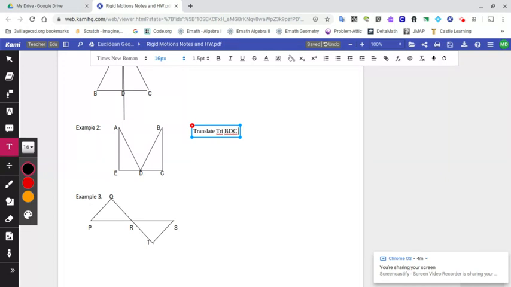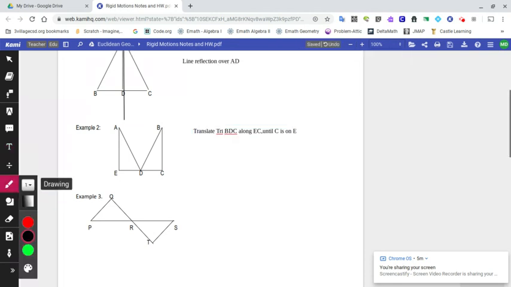So I have to translate triangle BDC along EC until point C is on E. I'm going to translate it this way until C lies on top of E. Then it's going to look like this. If I move it, it's going to be right there.